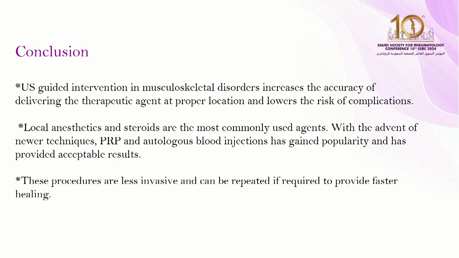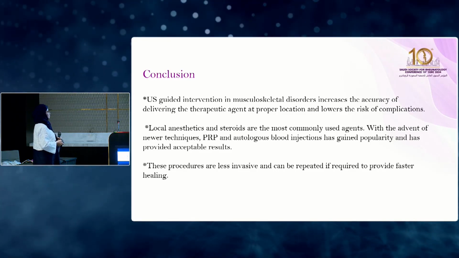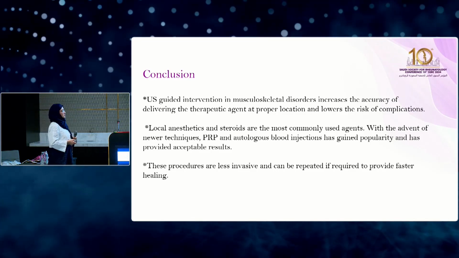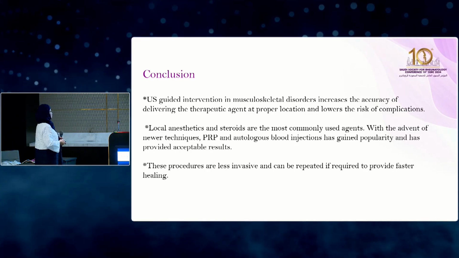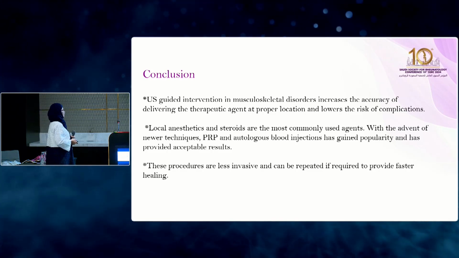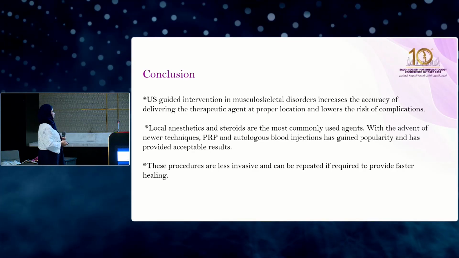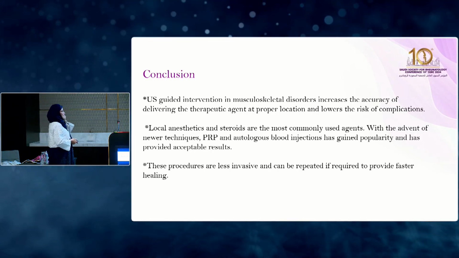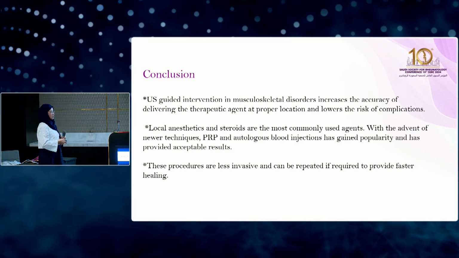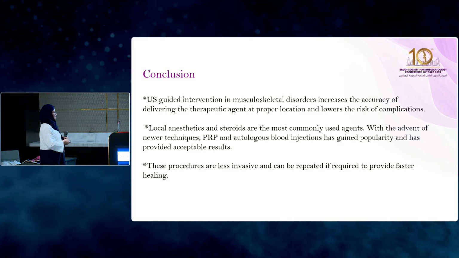To conclude this session, using guided intervention in musculoskeletal disorders increases the accuracy of delivering the therapeutic agent to the proper location and lowers the risk of complications. Local anesthetic and steroid are the most commonly used agents. With the advent of new techniques like platelet-rich plasma or autologous blood injection, which have gained some popularity and provided acceptable results, in our hospital I use steroid and local anesthetic.